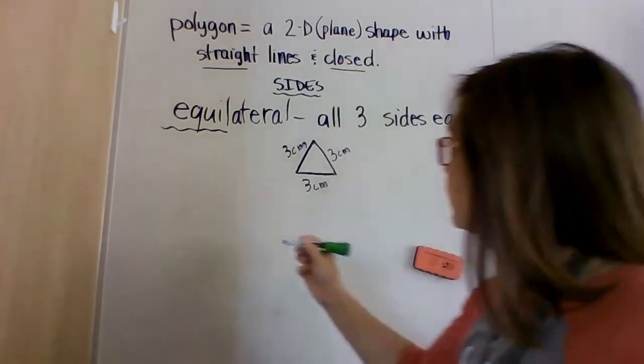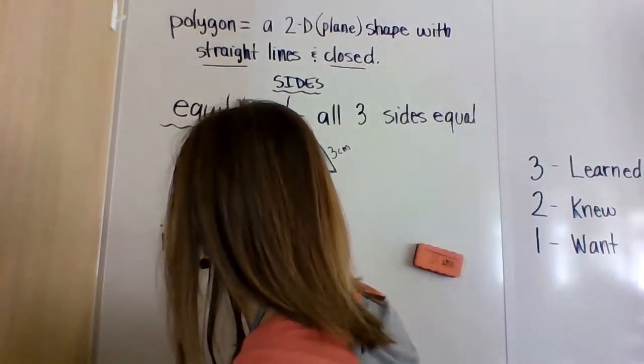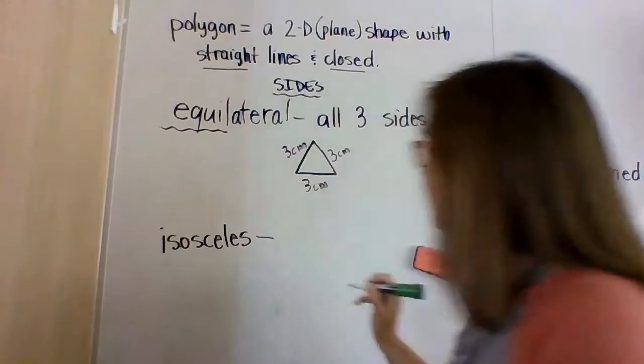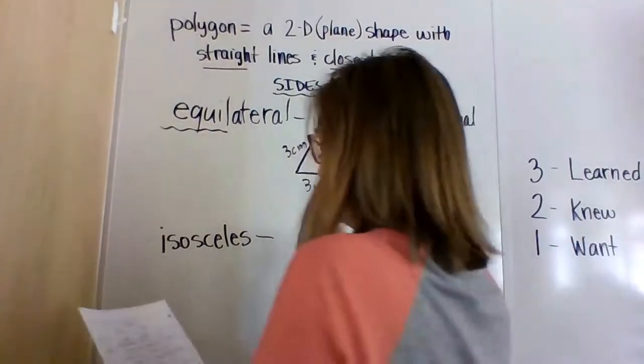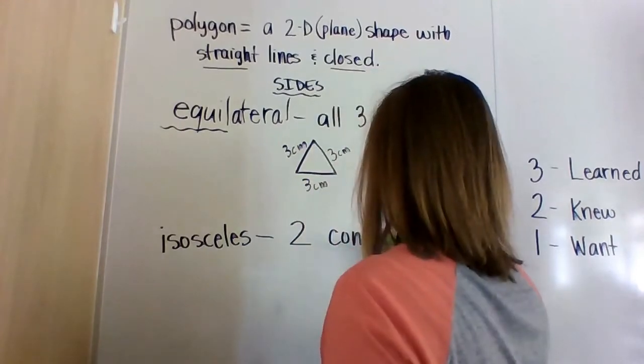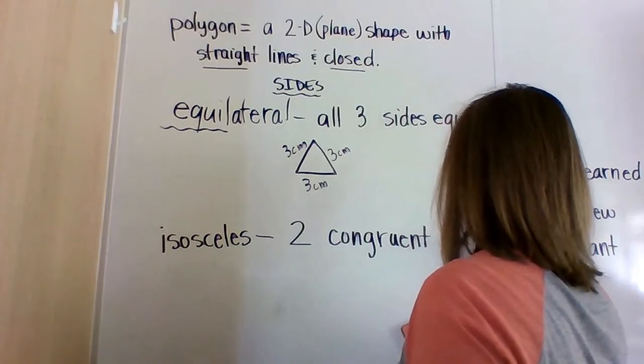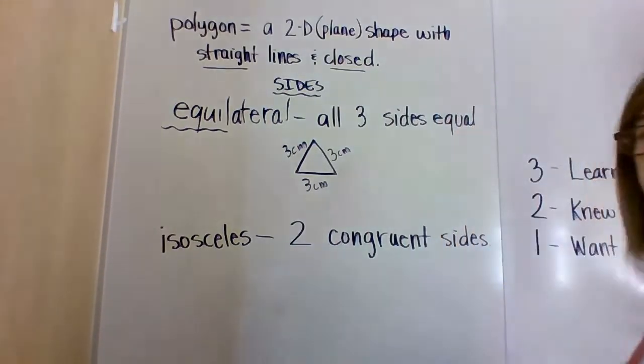Another triangle is called isosceles. An isosceles triangle has two congruent sides. So what does that mean?